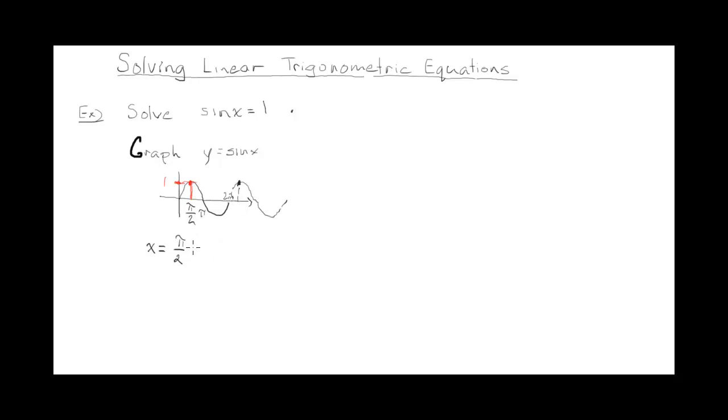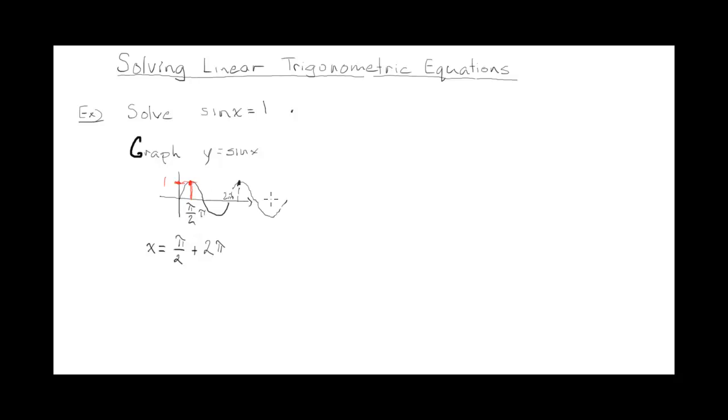So you can write 5 pi by 2, or just write plus 2 pi. But it would also happen again in the third period, and there's infinitely many answers, right? Because it repeats forever.